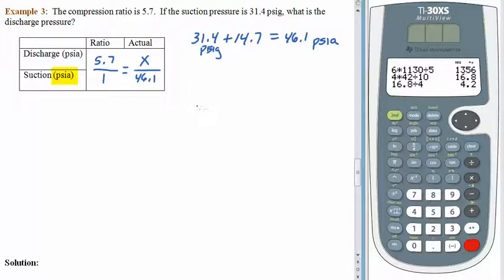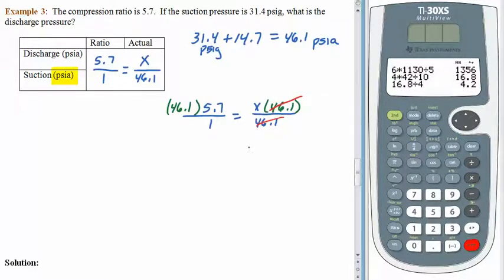Here we go. 5.7 over 1 is equal to x over 46.1. I made my fraction bars extra large so that I can multiply by 46.1 on both sides of my equation. Watch the canceling that happens.